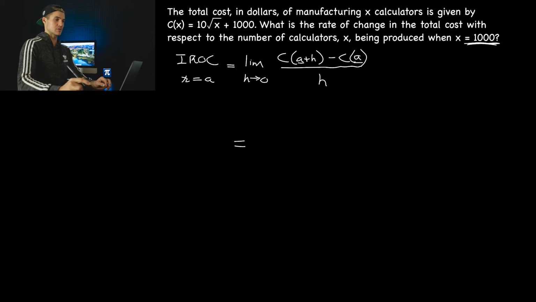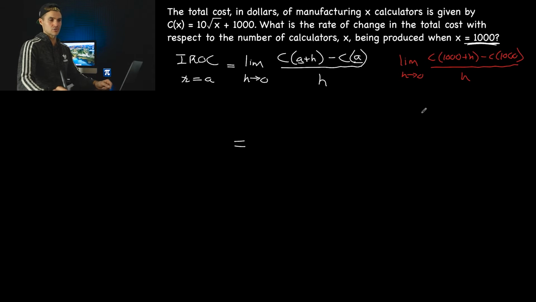Or another way we can do it is we can plug in that a value of 1,000 right away. So we could say c of 1,000 plus h minus c of 1,000 all over h, like that.